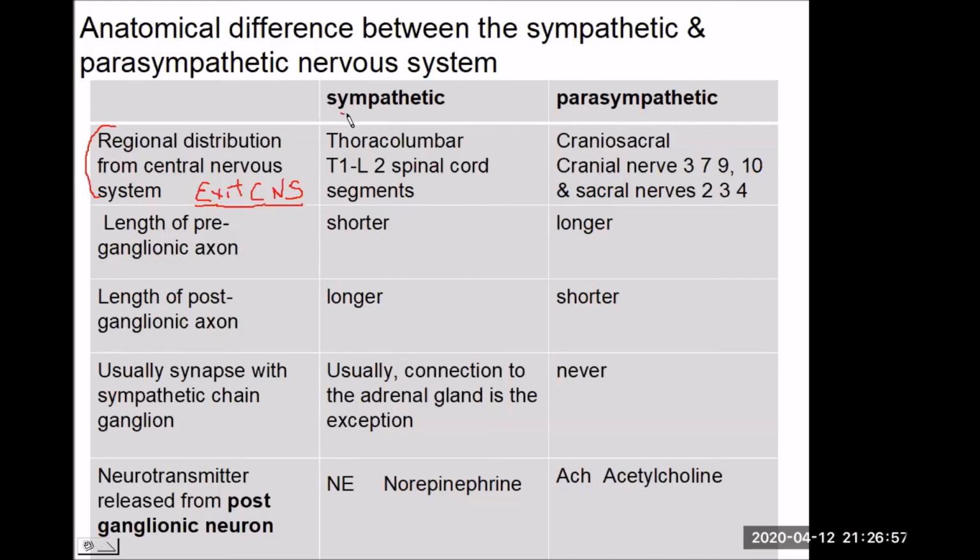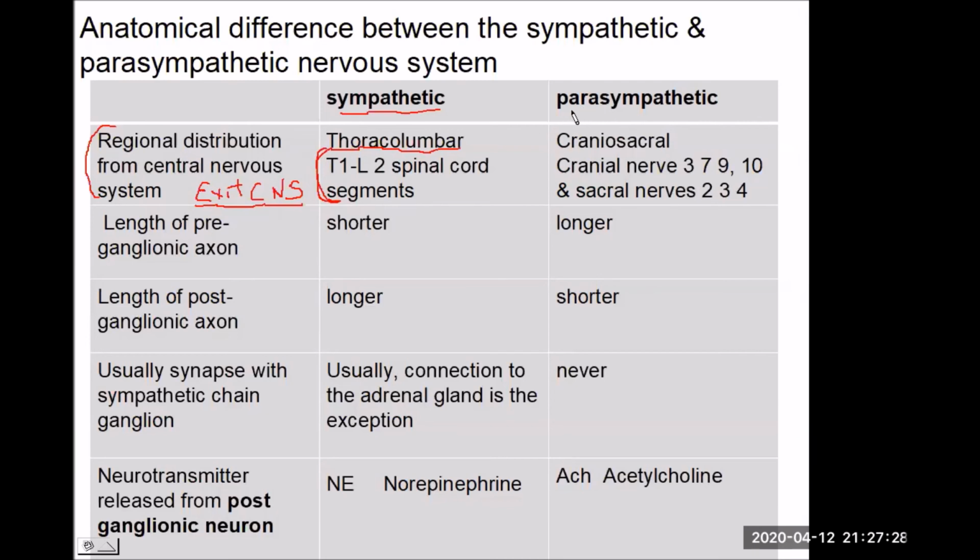The sympathetic visceral motor signal travels down the brain to the spinal cord, and it will exit the spinal cord. Again, there's that term thoracolumbar. And specifically what that means is within the spinal cord, between the thoracic and L2 segments of the spinal cord, so T1 to L2 is that location for sympathetic motor signal exiting the central nervous system.